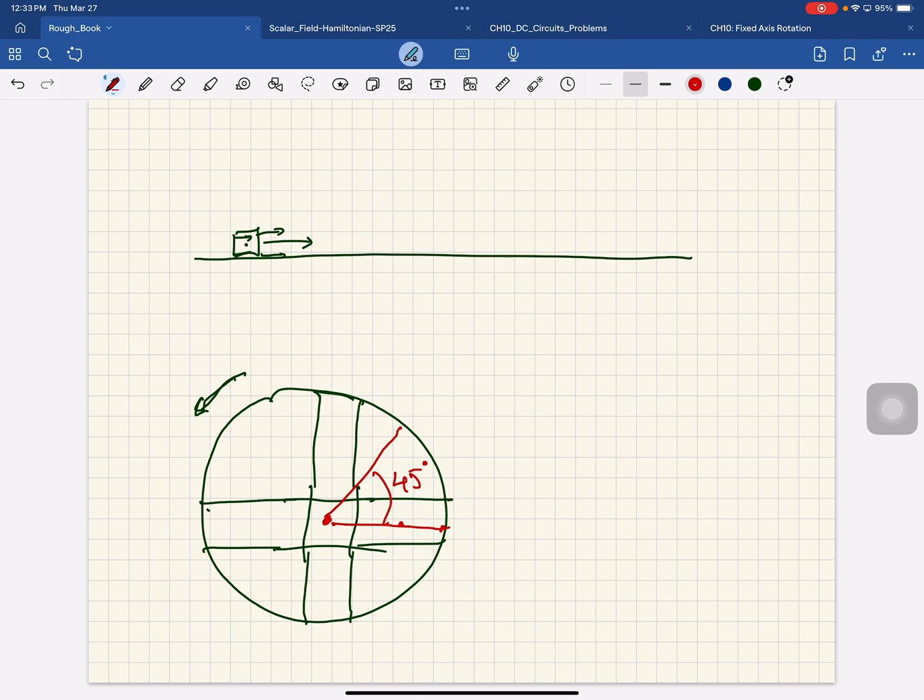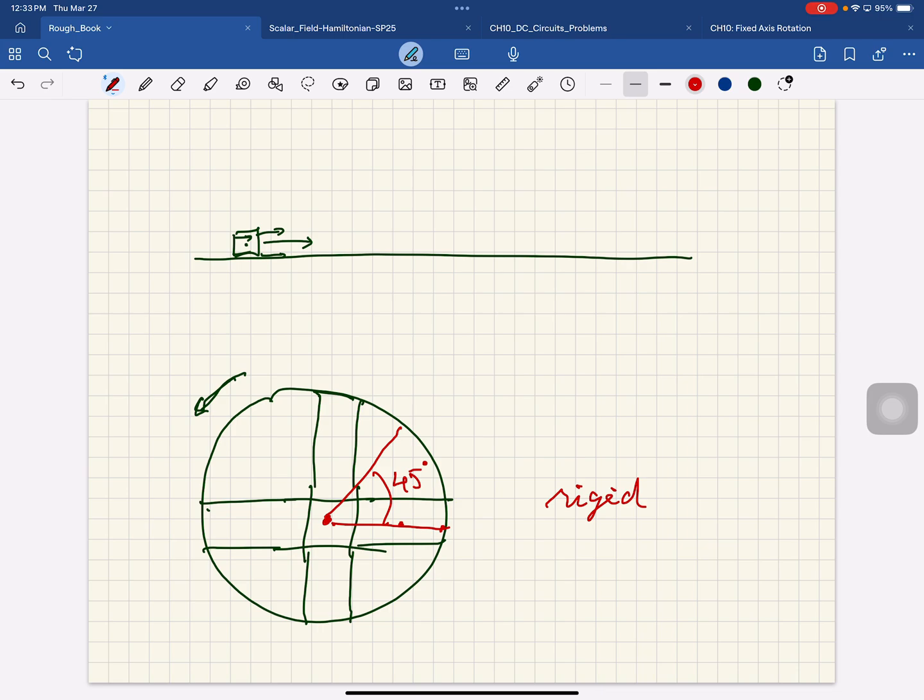Every point on the object rotated by the same angle. And that happens for a rigid object. It probably won't happen for the coffee in your cup. If you stir your coffee, every point of the coffee won't rotate through the same angle.